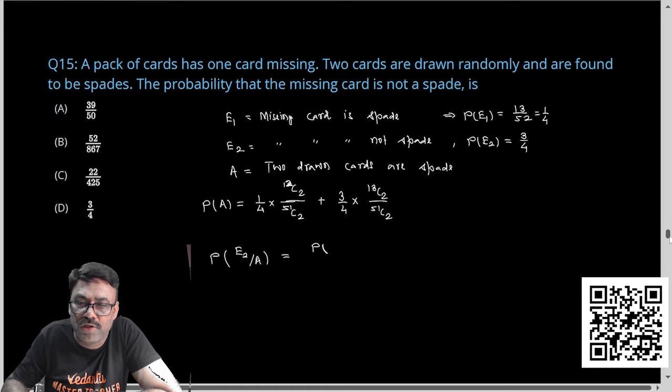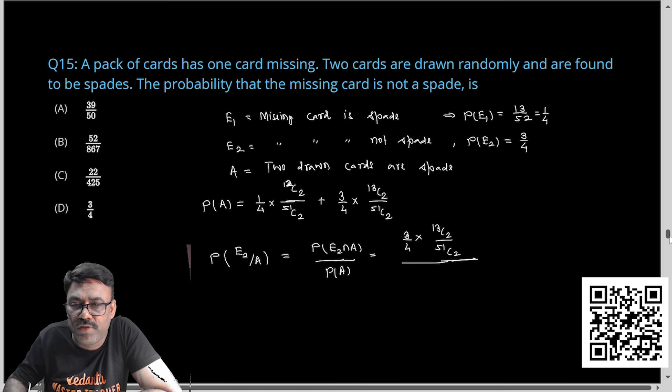In the numerator you will write P(E2 intersection A), which is 3 by 4 times 13 C2 over 51 C2, and in the denominator you will write the total probability P(A), which is 1 by 4 times 12 C2 over 51 C2, plus 3 by 4 times 13 C2 over 51 C2.